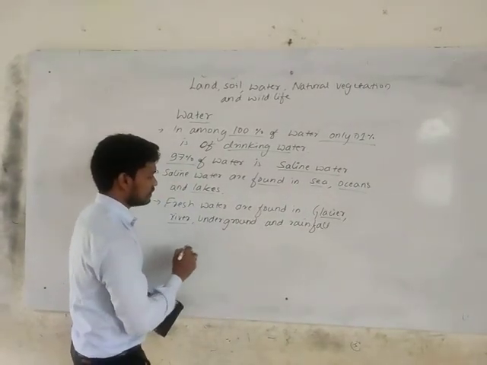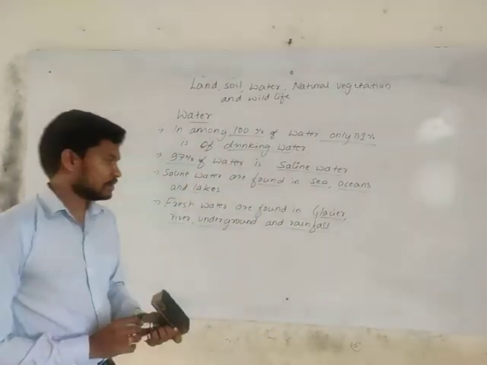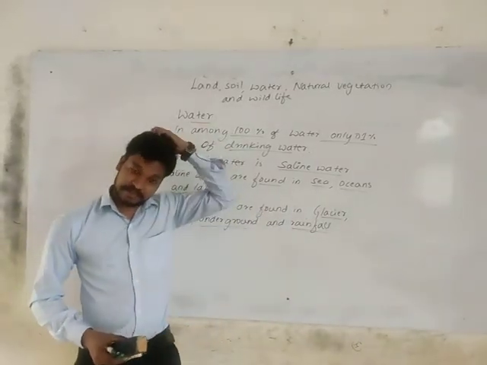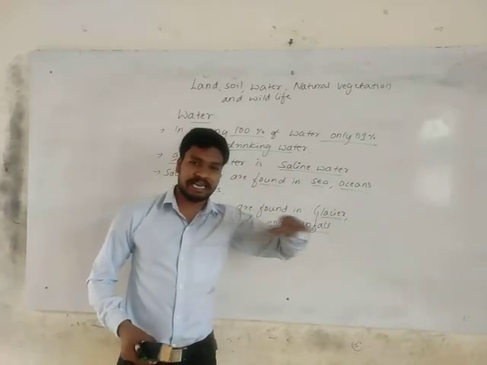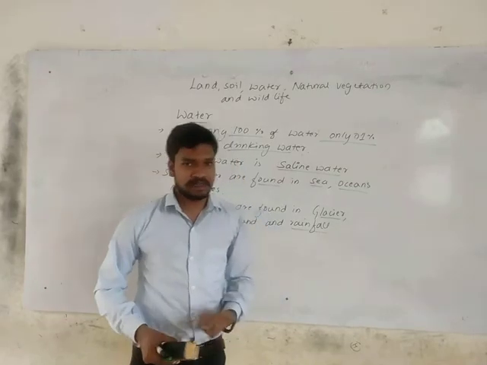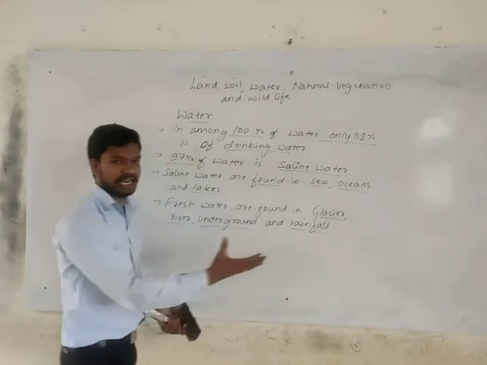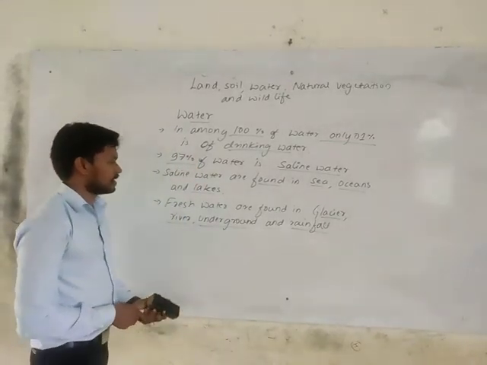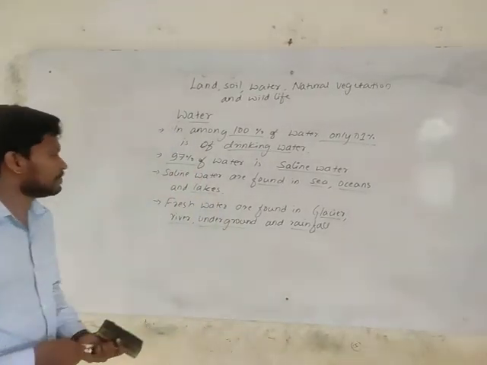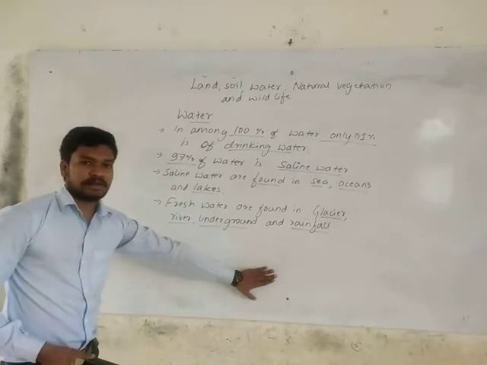Then rivers and underground water are in liquid form, and rainfall is in gaseous form. Only the water available in liquid form is capable of satisfying human needs, because we can only drink fresh water in liquid form. Water found in solid and gaseous form is unfit for drinking. That's about water.